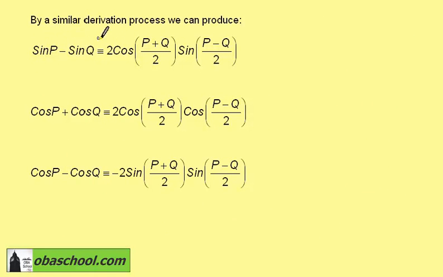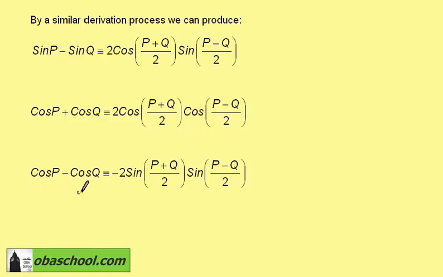By a similar derivation process we can produce the following. The sine of P minus the sine of Q is 2 times the cosine of P plus Q over 2 times the sine of P minus Q over 2. For the cosine formula, we would start with the compound angle formula for cos A plus B and cos A minus B. We would produce cos P plus cos Q is 2 times the cosine of P plus Q over 2 times the cosine of P minus Q over 2.